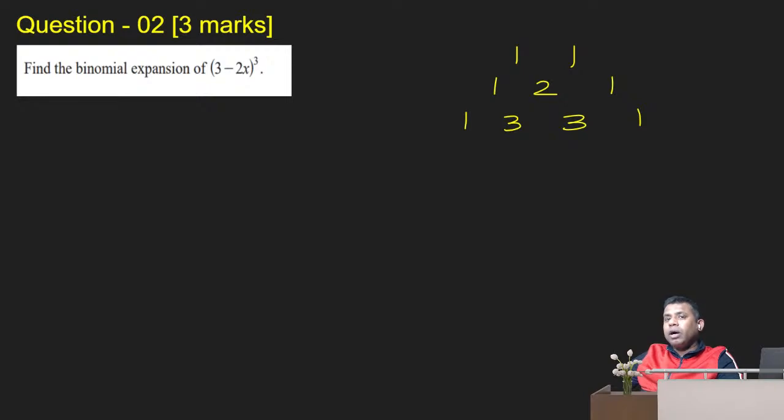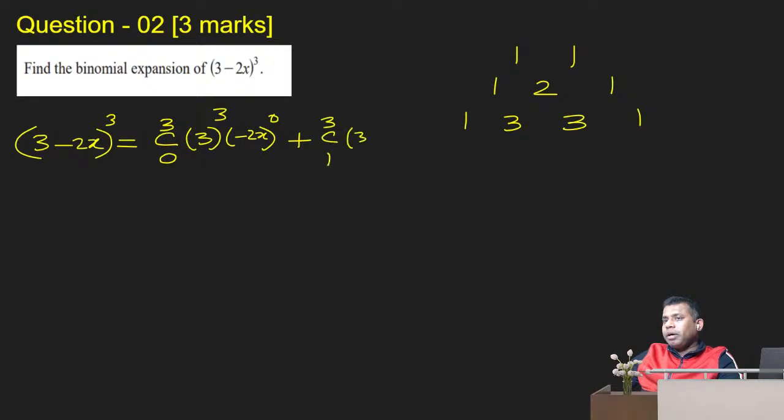Or if you want to write (3 minus 2x) to the power 3, you can write the first term as 3 choose 0, 3 to the power 3, (minus 2x) to the power 0, plus 3 choose 1, 3 to the power 2 and (minus 2x) to the power 1, plus 3 choose 2, 3 to the power 1, (minus 2x) to the power 2.